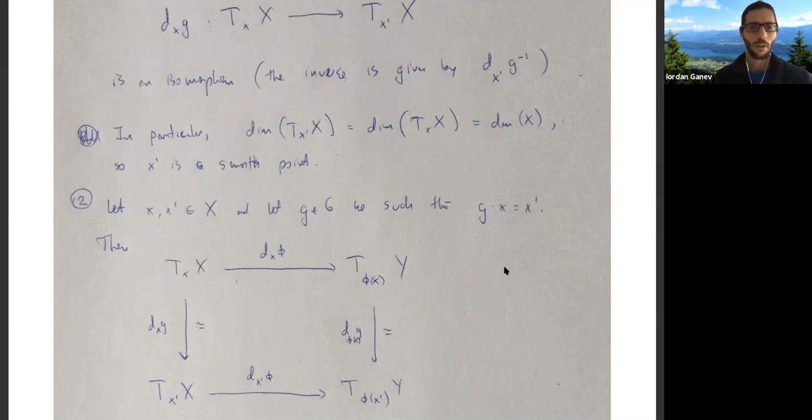So let's take 2 points in the source, x and x prime, and we have these horizontal maps at the top, and we want to show that they have the same rank. Since the action is transitive, we can pick a g so that g dot x is equal to x prime. And the fact that phi is equivariant means that g applied to phi of x is equal to phi of x prime. And we have this commutative diagram.